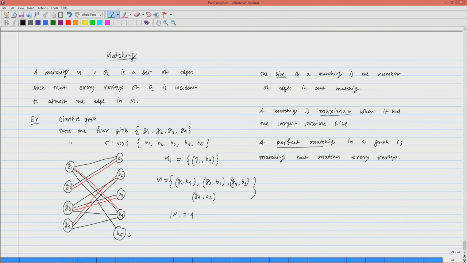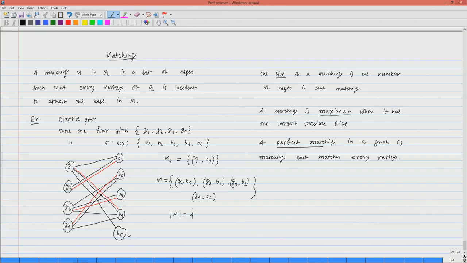Also, it is not difficult to realize that in order to get a perfect matching, the number of vertices in the graph must be even. So, here the number of vertices is 4 plus 5, 9. So, it is an odd number. So, you will never get a perfect matching, it is very obvious. So, we have a maximum matching here, but not a perfect matching. Okay.